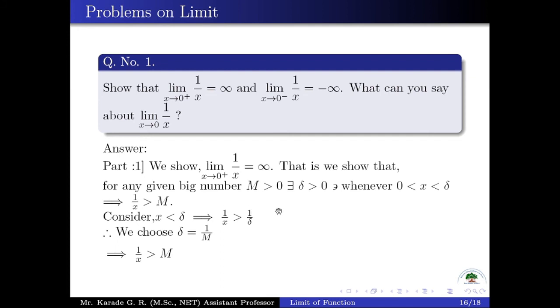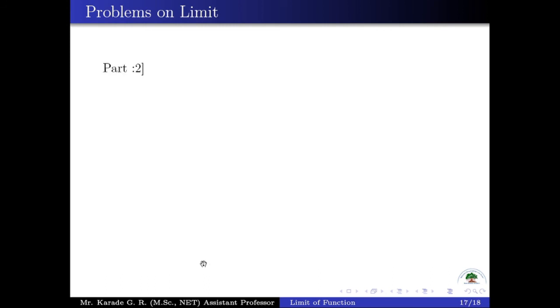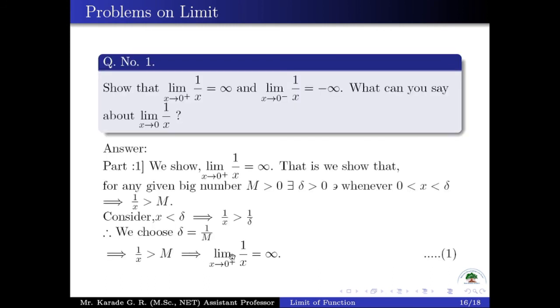So for any given big number m, we can find a delta so that this condition is satisfied. So this implies the limit of 1 upon x as x tends to 0 plus is equal to infinity.